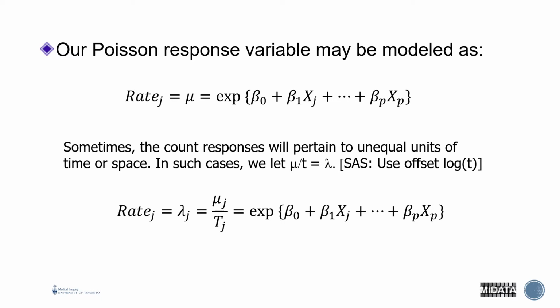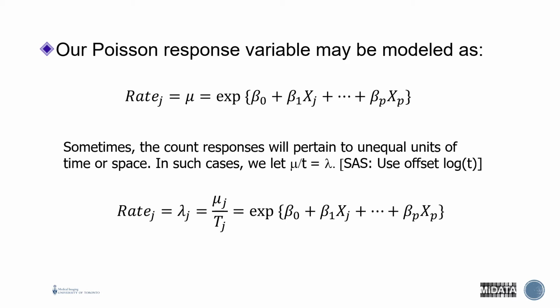Now, sometimes the count responses will pertain to unequal units of time or space, and unfortunately this happens quite frequently. In such a case, we can't use just mu because we have to adjust for the various different time units. So we divide by t, the time within your unit, and that's when we get lambda, your rate.